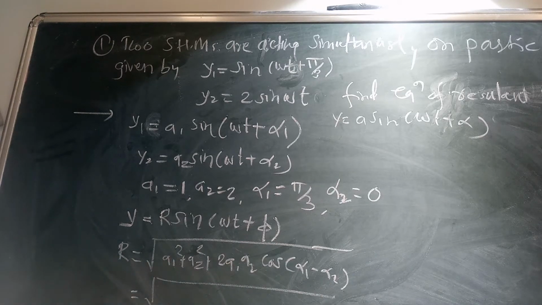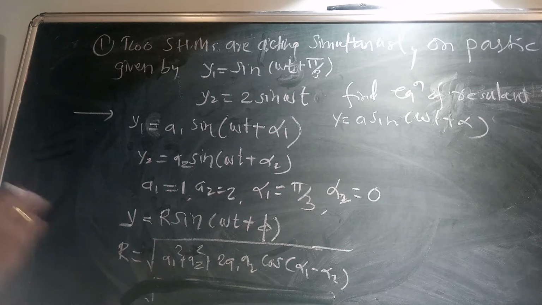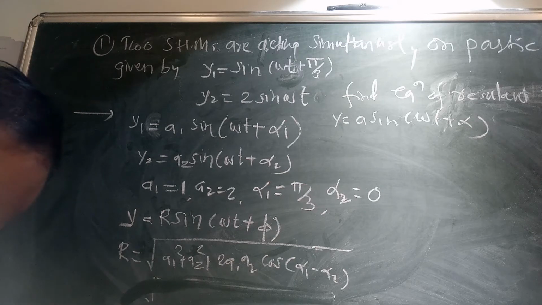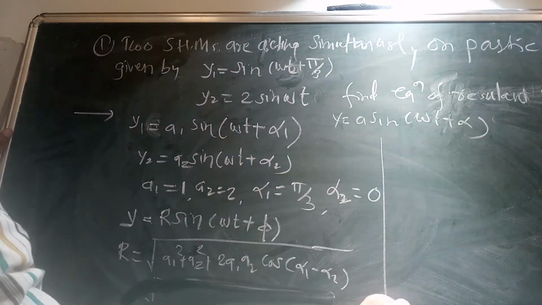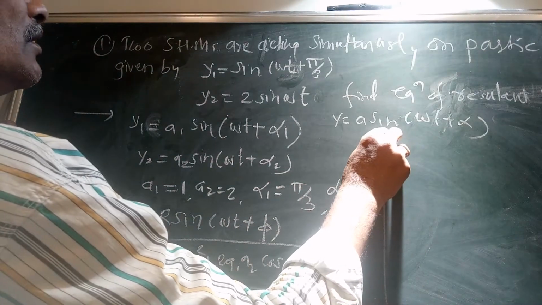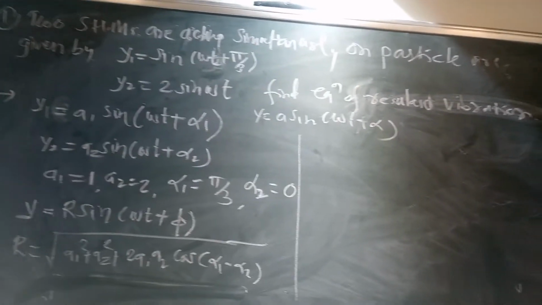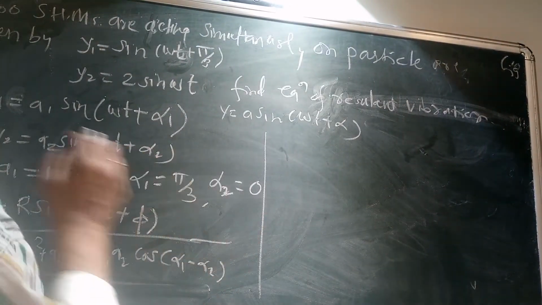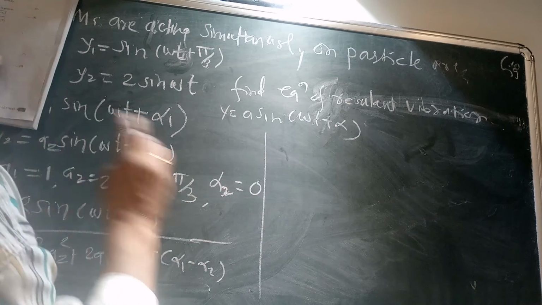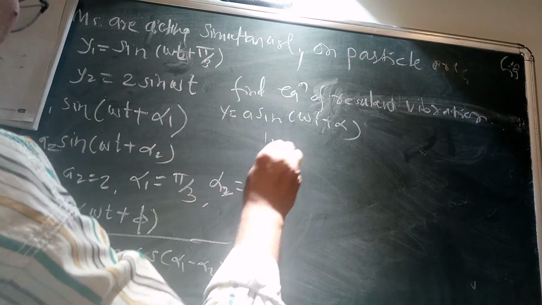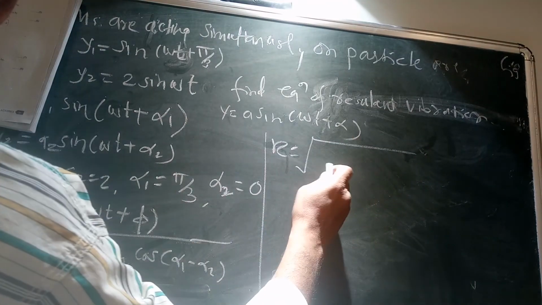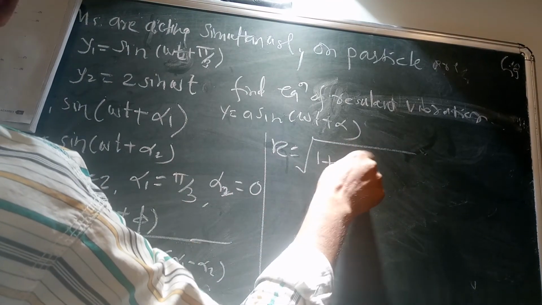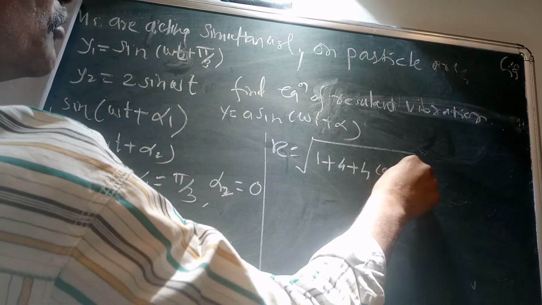So putting the values, R is equal to the square root of 1 plus 4 plus 4 into cos of pi by 3.